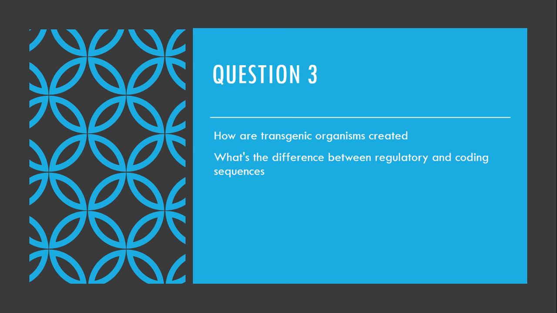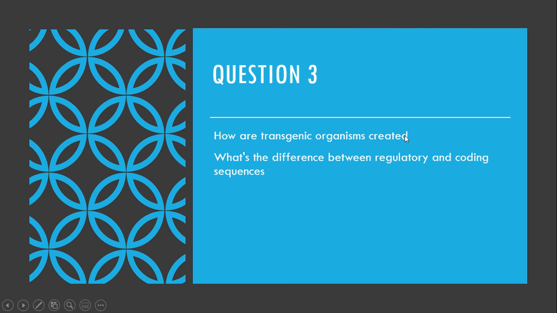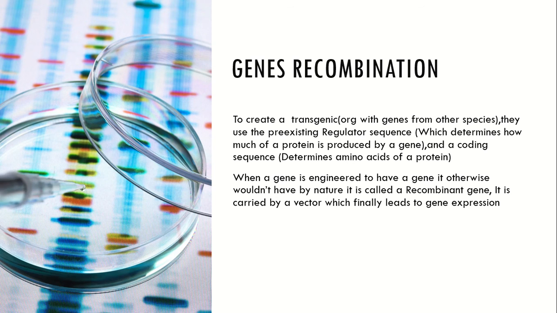What I want you to think about next is how transgenic organisms are created, and what's the difference between regulatory and coding sequences. A transgenic is basically if you put turtle genes in a snake. It's anything with genes that aren't usually in said creature.